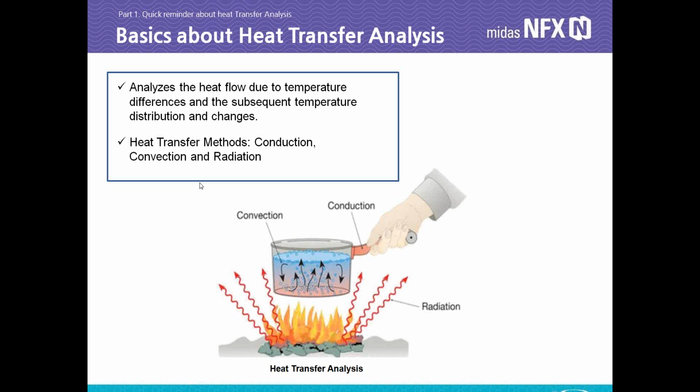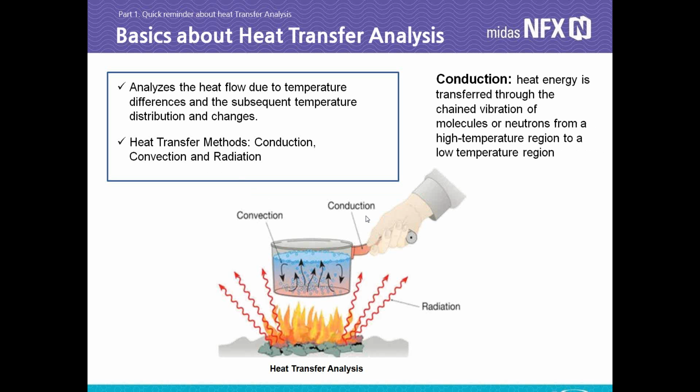To analyze a heat flow due to temperature, you have different types of heat transfer: convection, conduction, and radiation. Conduction is the heat energy transferred through the vibration of the molecules. You cannot really see it, but when you have 2 solids, one against another, you have an interface between the 2 solids, and the vibration of the molecules makes it so that the temperature can be transferred.